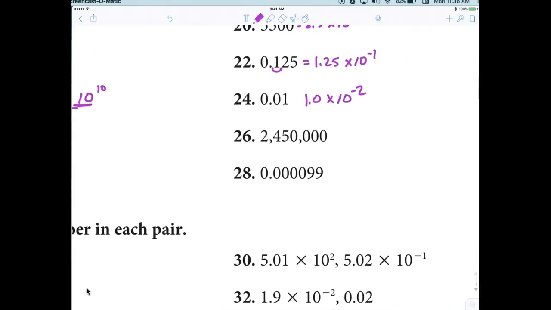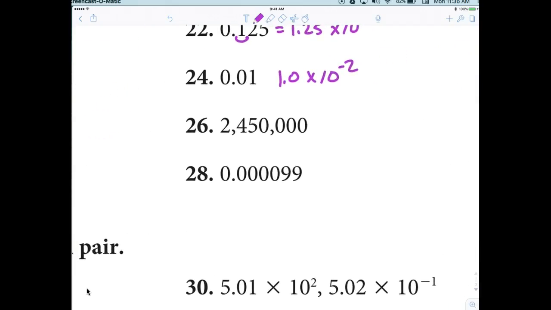All right, 26. Just tell me, where does the decimal go? So then what you want to do is write 4 and 5, and then multiply by 10.